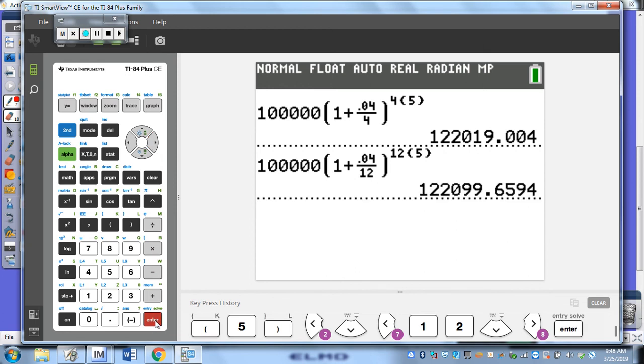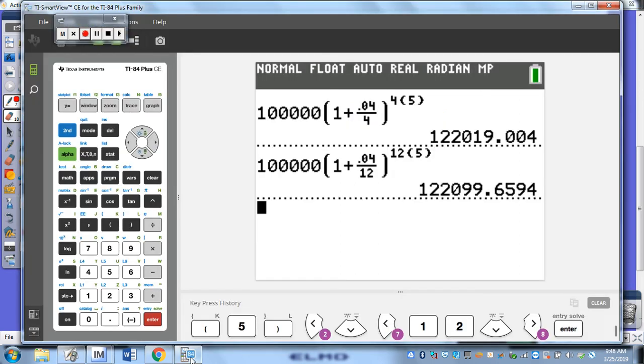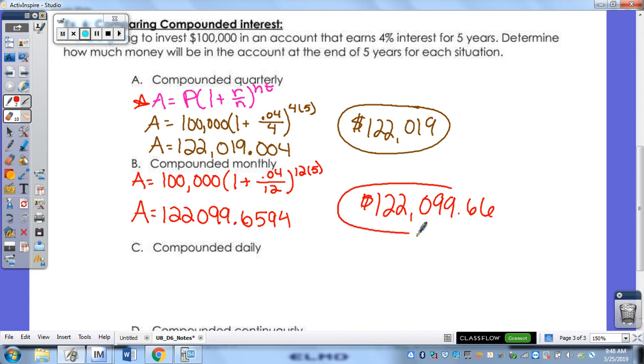All right. 122,099, $122,099.66. So in those 5 years, they'll make a little over $80 more going monthly as opposed to quarterly.